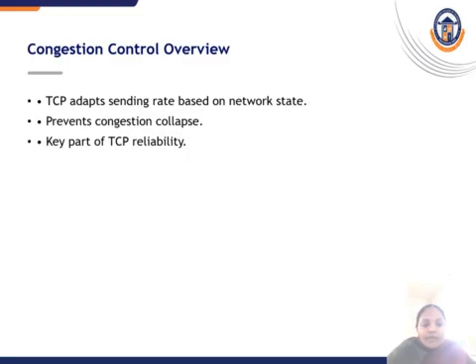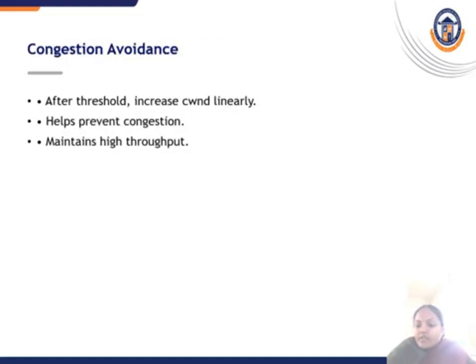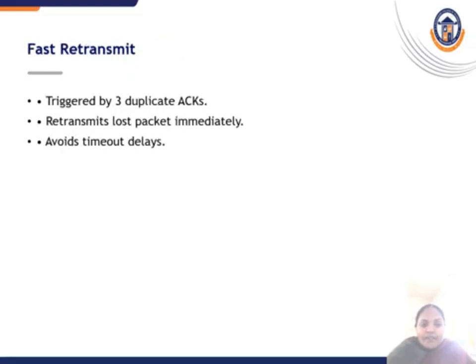The next one, fast retransmit and fast recovery. Sometimes TCP detects loss not by a timeout, but because duplicate acknowledgements occur. Fast retransmit: when the sender receives 3 duplicate acknowledgements, it immediately retransmits the missing segment without waiting for a timeout.